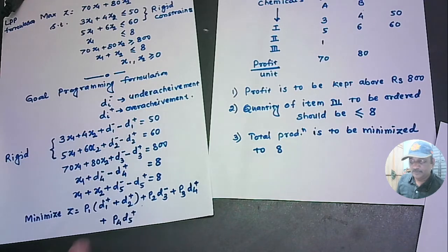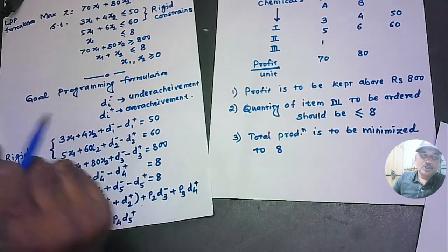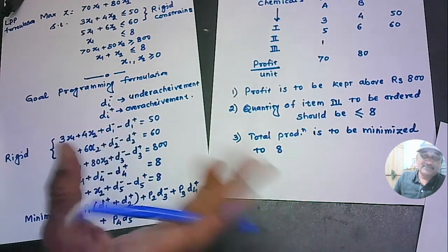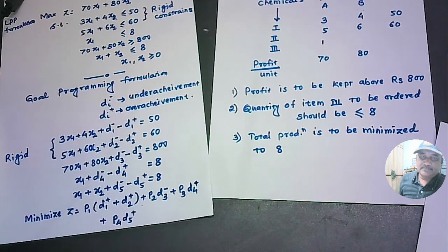That problem will not be formulated as LP, but will directly enter into goal programming, and possibly that will be the problem which I'll be extending to get the solution by simplex method, right? So let us take another problem.